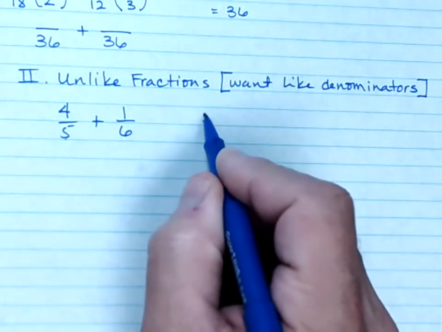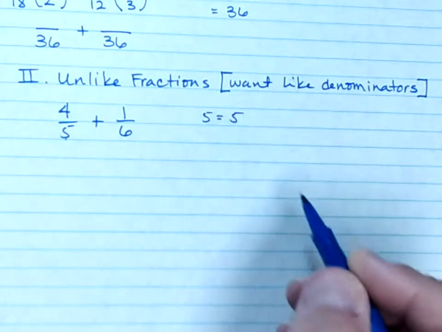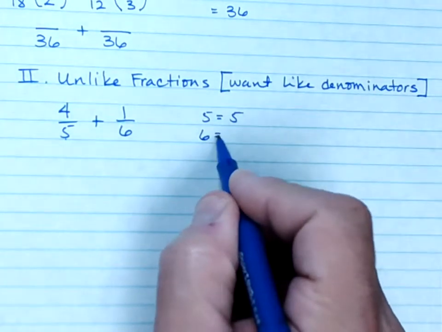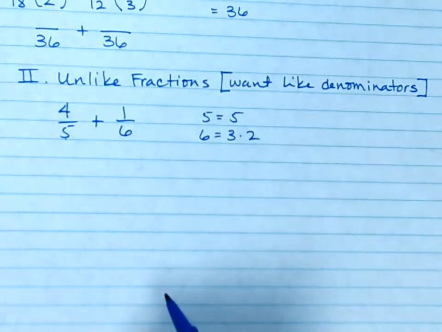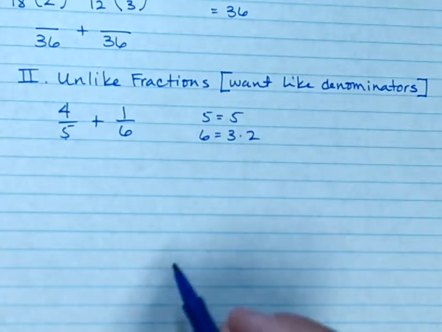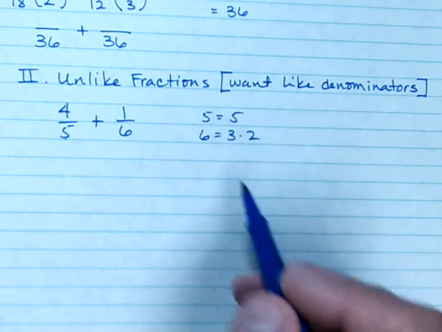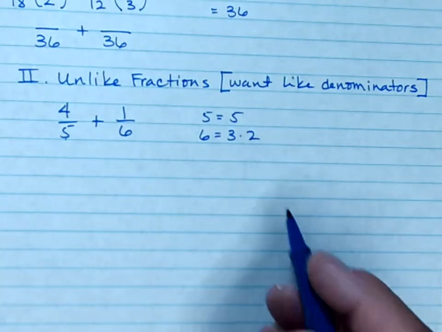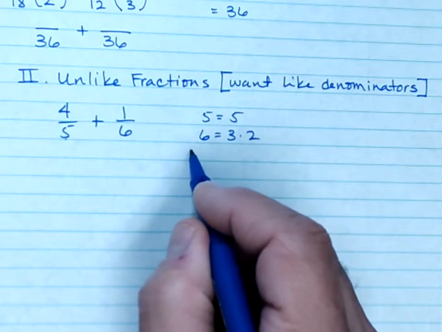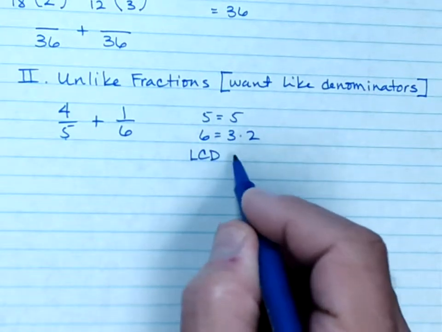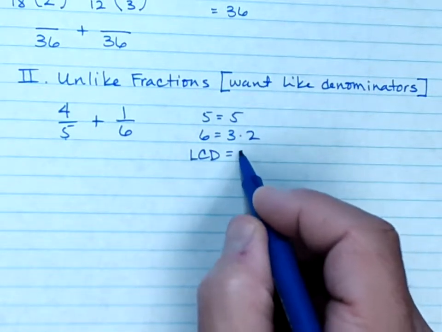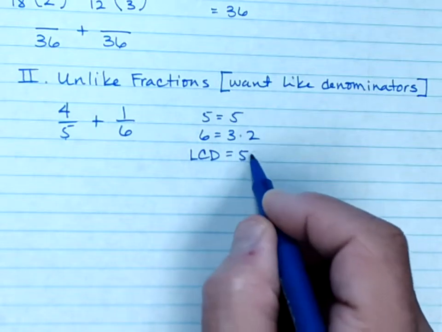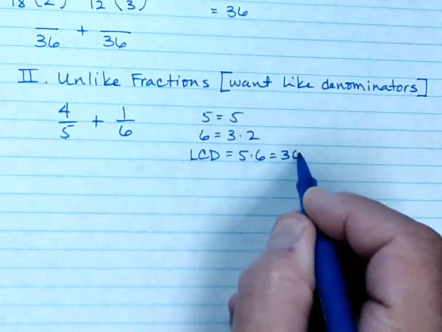If we take 5 and we factor it, it's just 5. If we take our 6 and we factor it, it's 3 times 2. The greatest common factor, well, if you can't circle anything, it's just 1. So the nice thing about this example is the least common denominator is going to be 5 times 6, and that's 30.